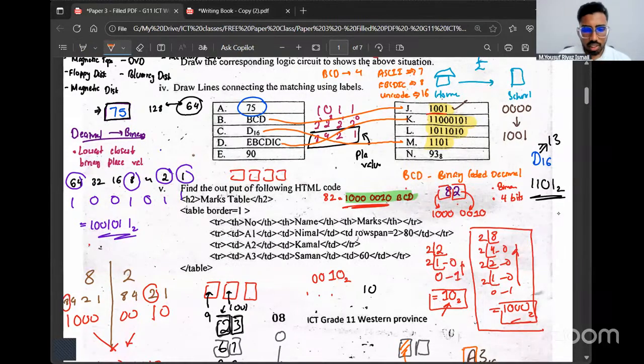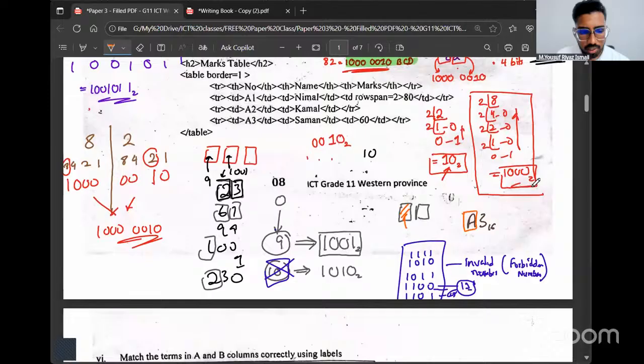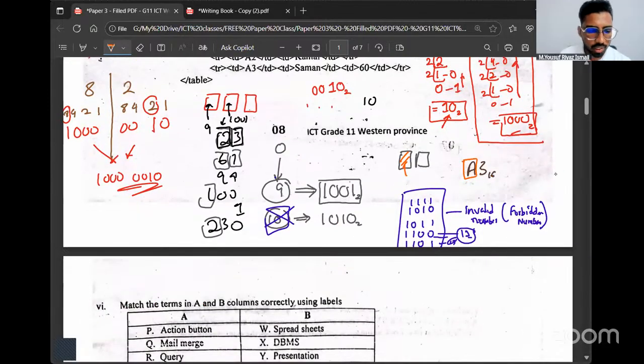So the second answer has 1, 2, 3, 4, 5, 6, 7, 8 bits. That's why I wanted to match that. Now we have 90 and 75. Let's convert 90 from decimal to binary. The place values are 64, 32, 16, 8, 4, 2, 1.